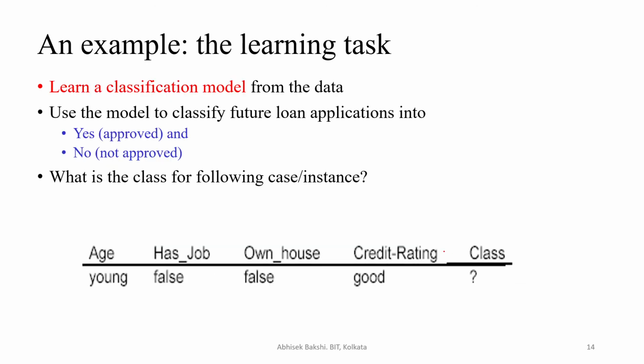But one thing is sure, that every time the attribute values or the feature values given over here may not be the same, and may not be present in the training data, but still the machine can understand and can predict what the class should be, and that is the usefulness of machine learning.